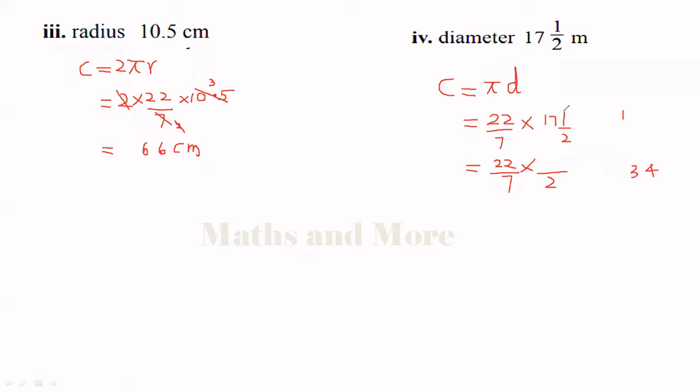But remember that you have to add the numerator also. 2 into 17 plus 1. 2 into 17, 34. 34 plus this numerator 1, 35. Now that is the improper fraction.